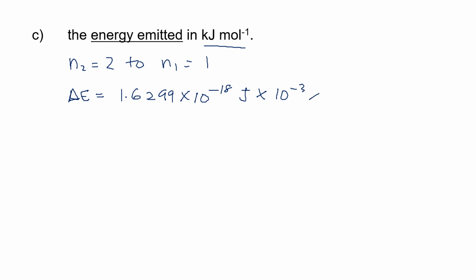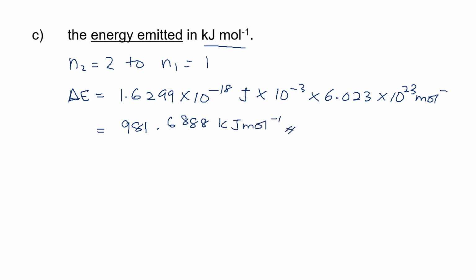And then to change it to per mole, we multiply by Avogadro's constant, 6.023 times 10 to the power of 23 per mole. So the answer will be 981.6888 kilojoule per mole. Okay, so that's the answer for question number 2.